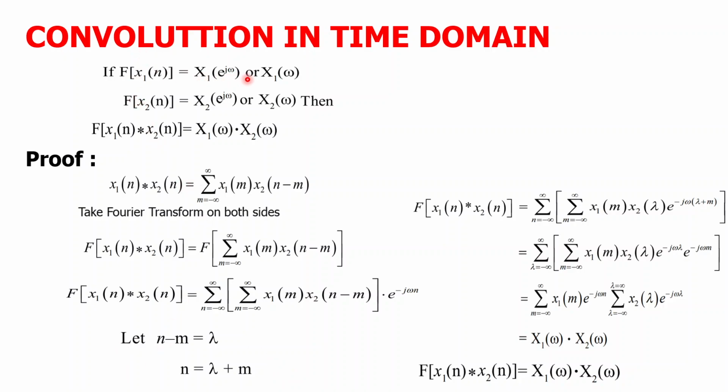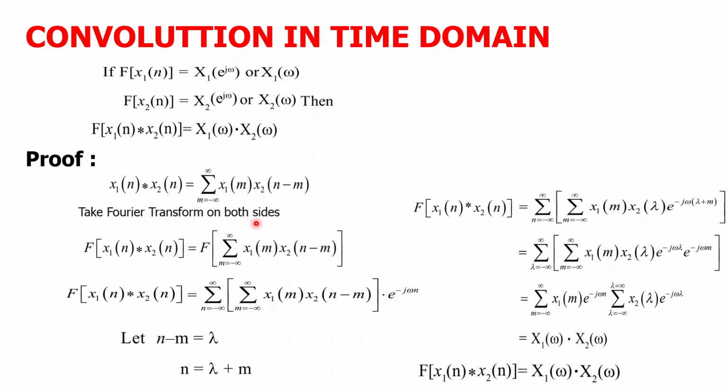So if X1 of omega is the DTFT of x1 of n, and X2 of omega is the DTFT of x2 of n, then the DTFT of the convolution of x1 and x2 will become the multiplication of the individual DTFTs. So this is the convolution sum formula. Since it is a discrete time signal, we are using convolution sum instead of convolution integral.